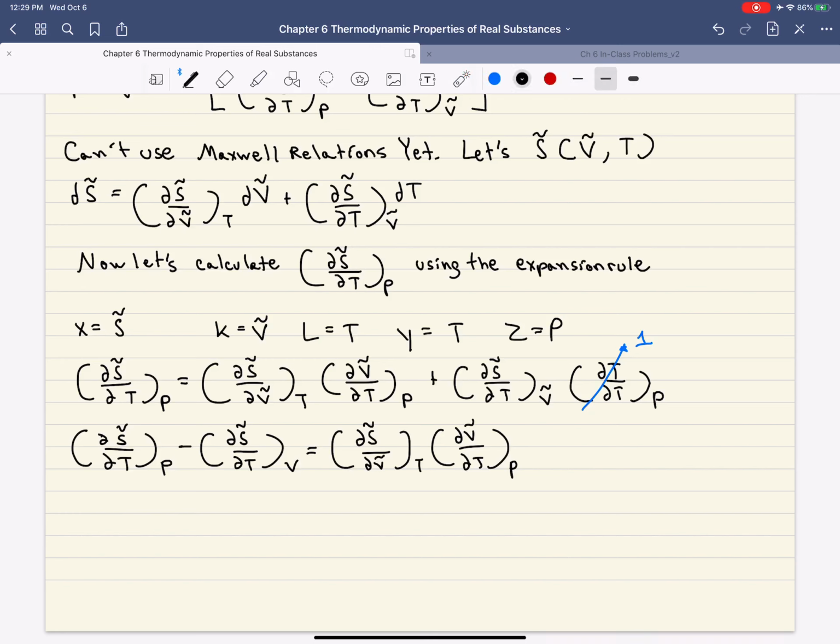But now, if we take a closer look at this partial derivative, what we see is that for these two variables, we have the thermal conjugate pair. And for these two variables, V and T, these make up the Helmholtz canonical variables.